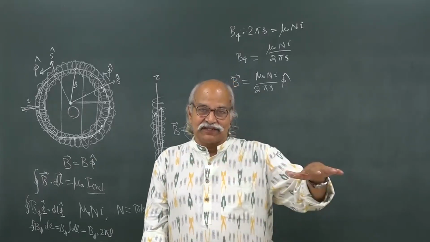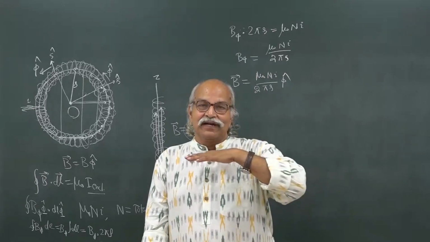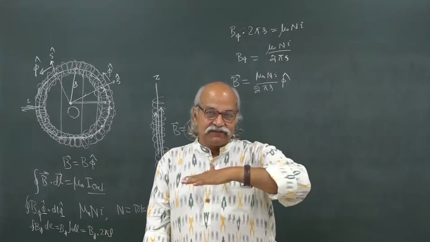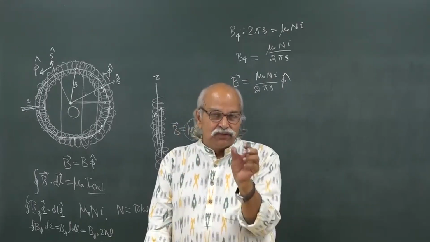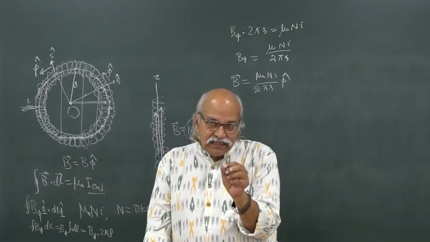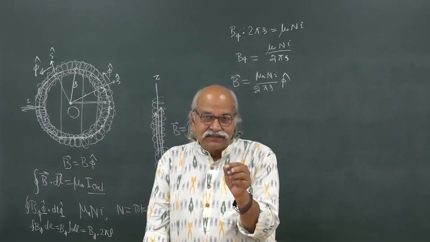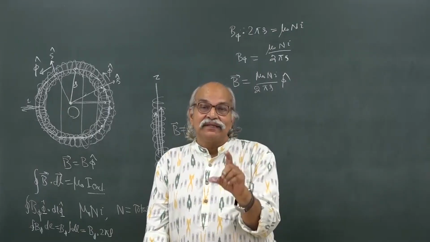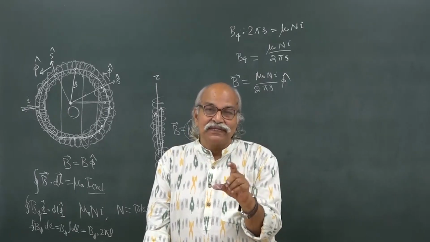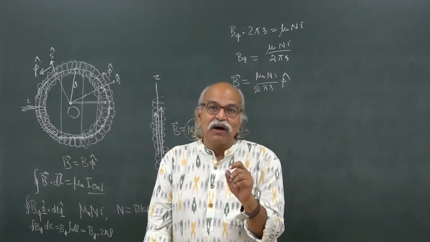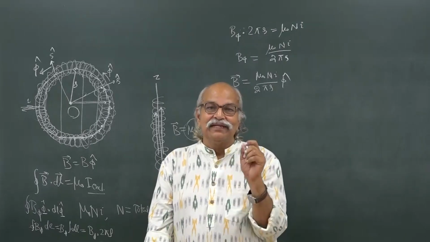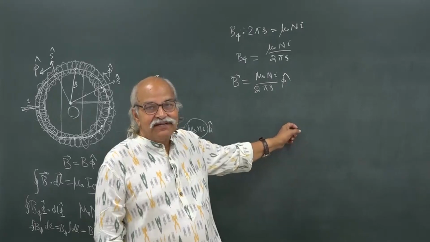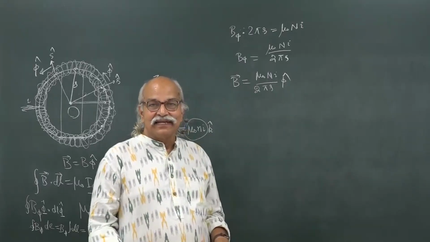If you have a surface and if there is a current on the surface, as we had seen, if you have a surface of any shape and you take some small part there, and just outside this surface on one side and on the other side, how do magnetic field components compare? That is known as boundary conditions. So, let me show the boundary conditions on magnetic field if there is a surface which carries a current.